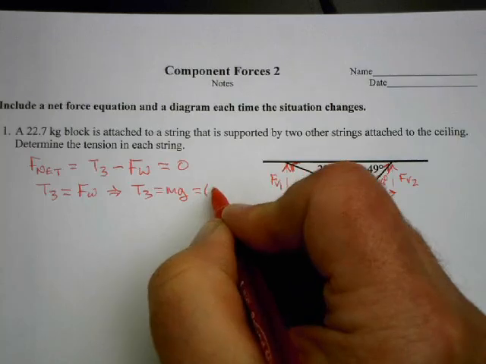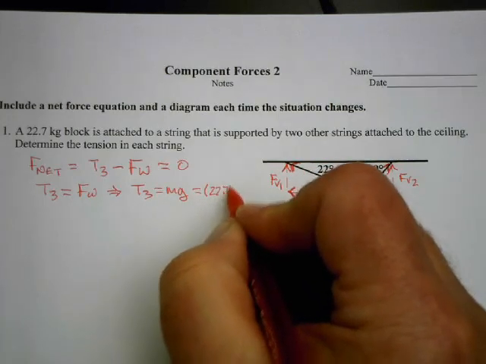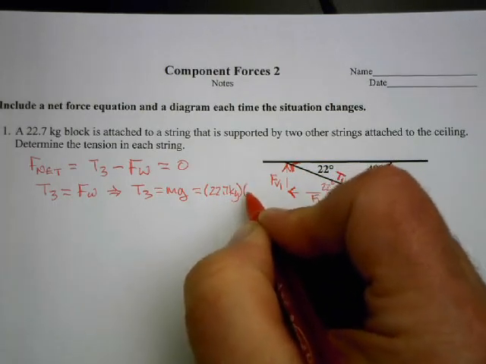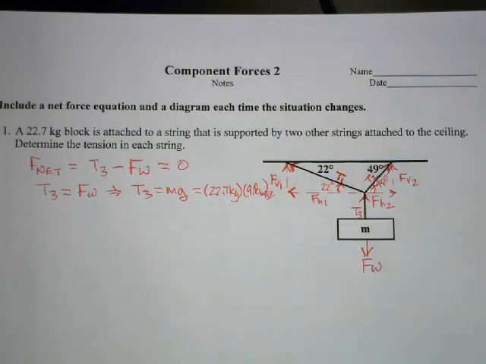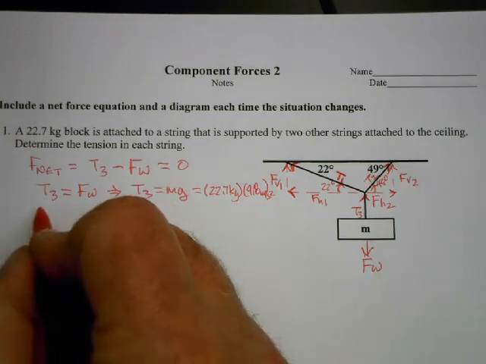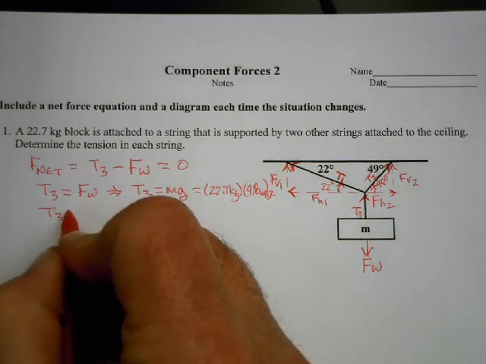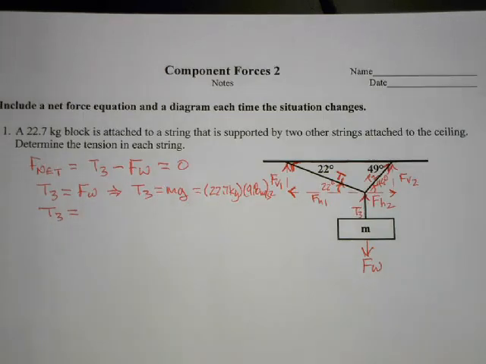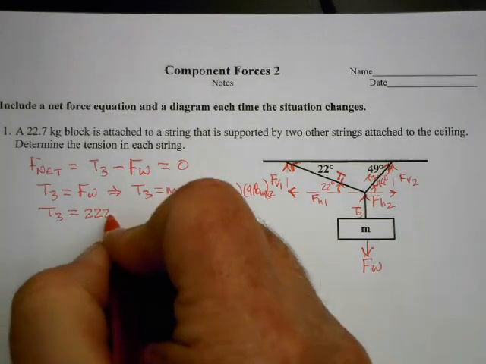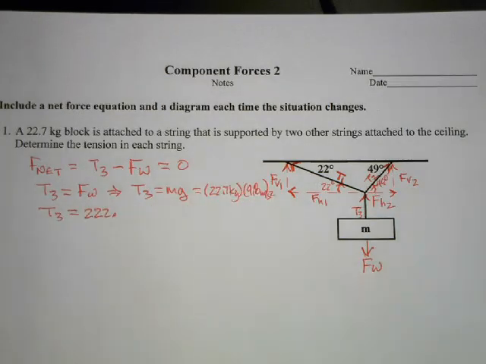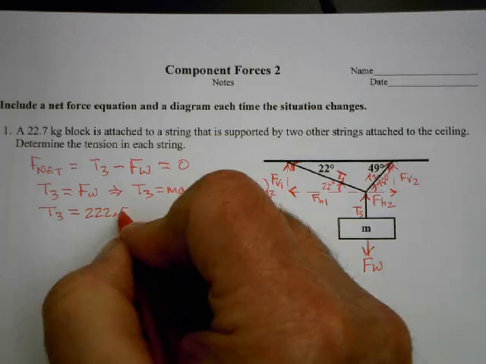which would be the 22.7 kilograms times the 9.8 meters per second squared. And so T3 equals 222.5 newtons.